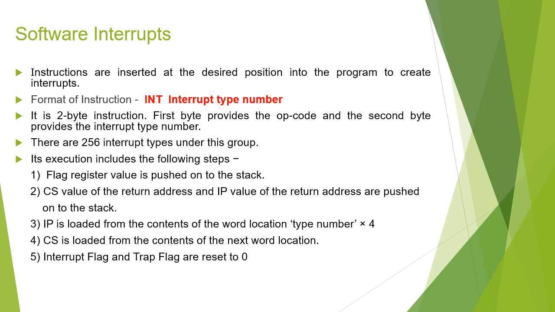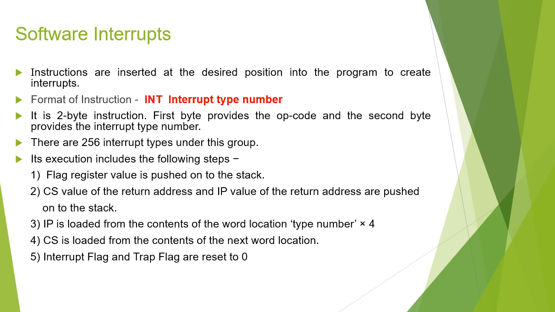As we discussed, all interrupts have an interrupt number along with them. For hardware interrupts it is implicit, like for NMI, which comes as type 2. But for a software interrupt, we have to explicitly give that interrupt type number.